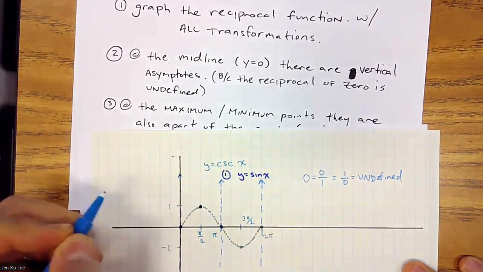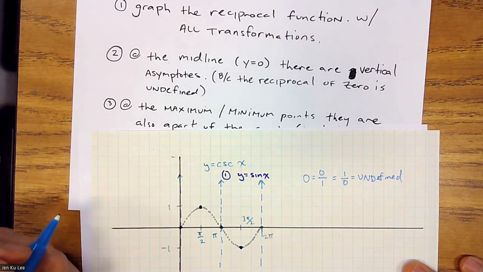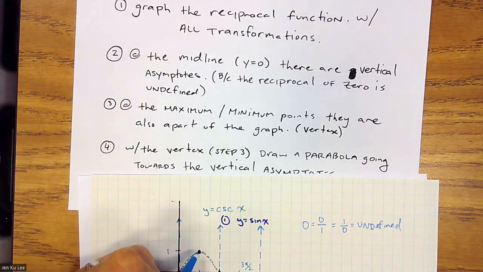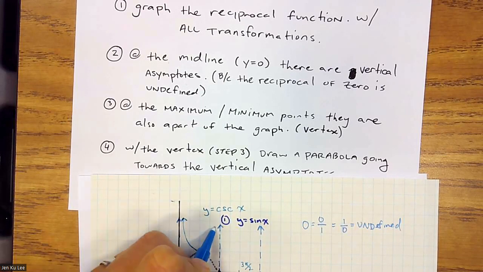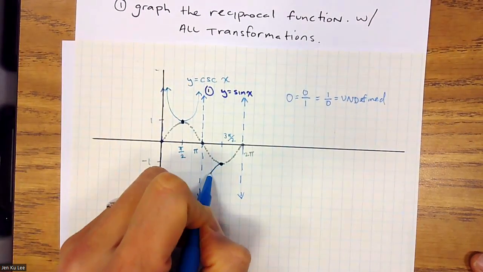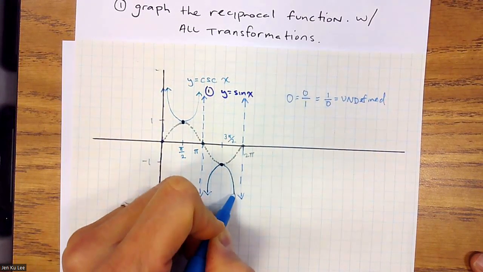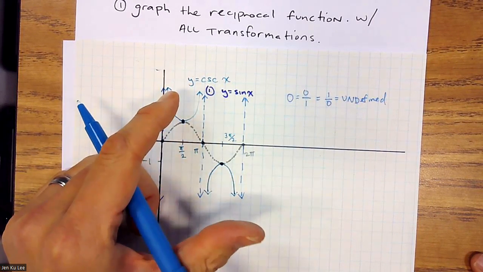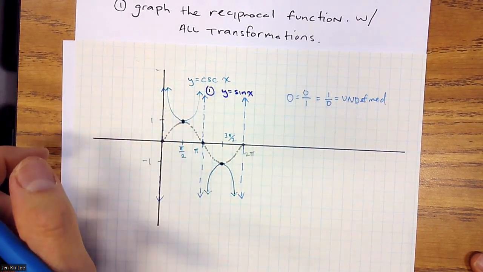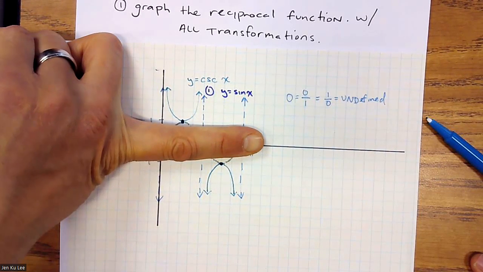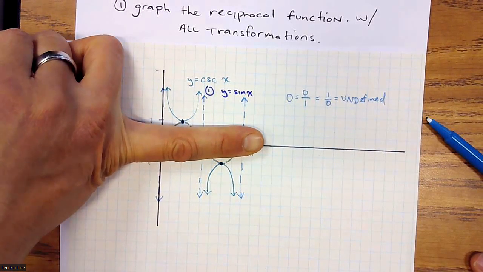This is a maximum, so that's a point, and this is a maximum, and that's a point. With that as my vertex, we draw a parabola going towards the vertical asymptotes. Here is my minimum, and it goes away from the sine function, towards the vertical asymptotes. So without the sine function, that is my cosecant function.